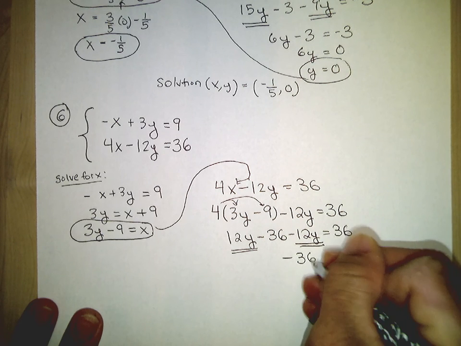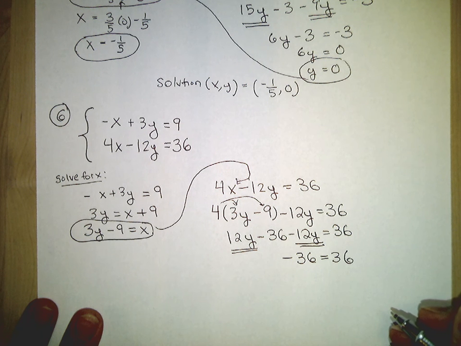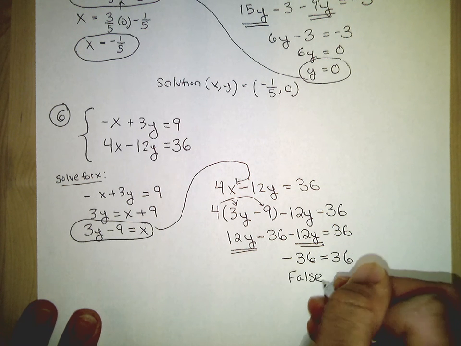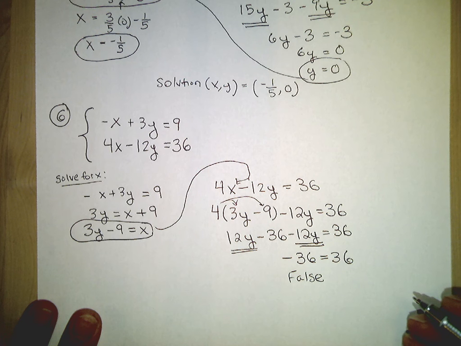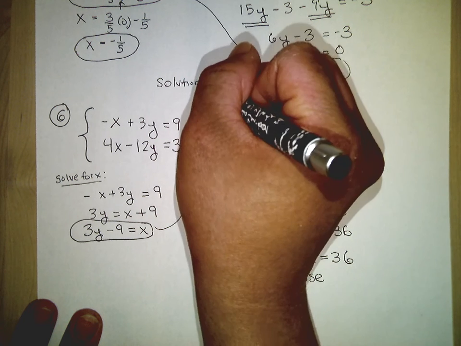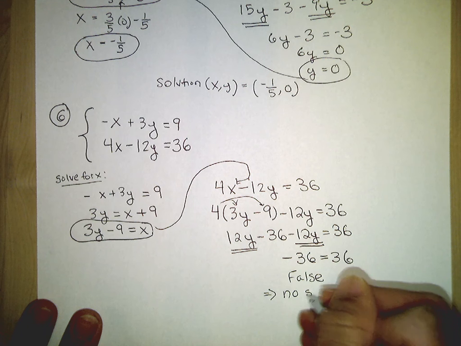So negative 36 is equal to 36. And that is actually a false statement because negative 36 is not actually equal to 36. And so then that means that this system has no solution. All right, so false means no solution.